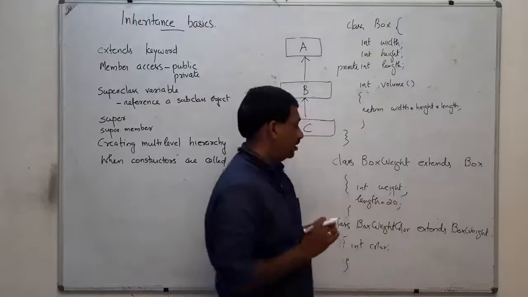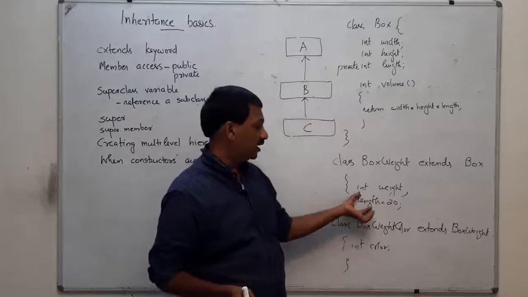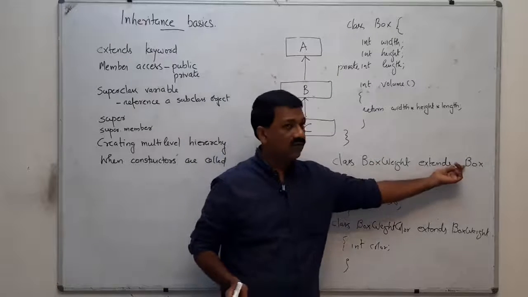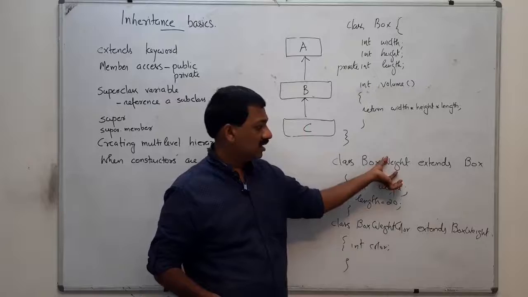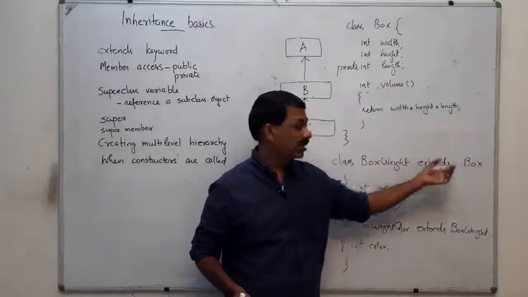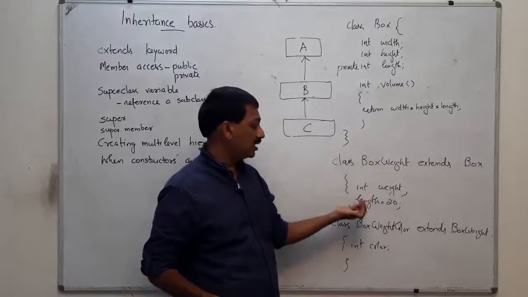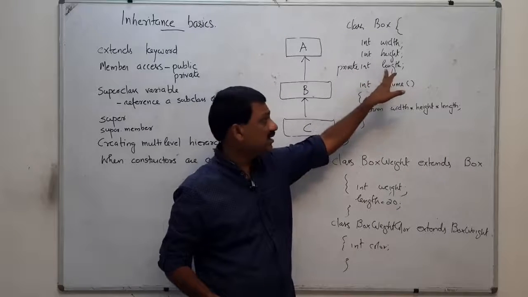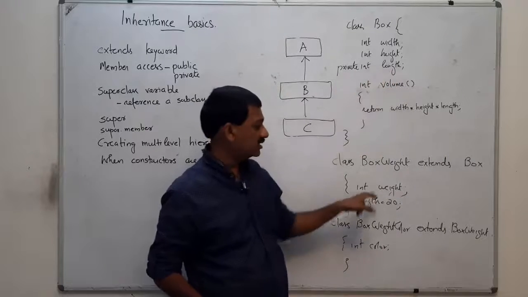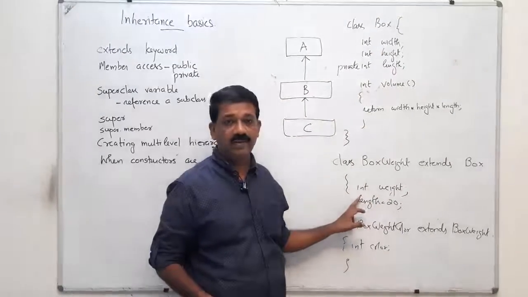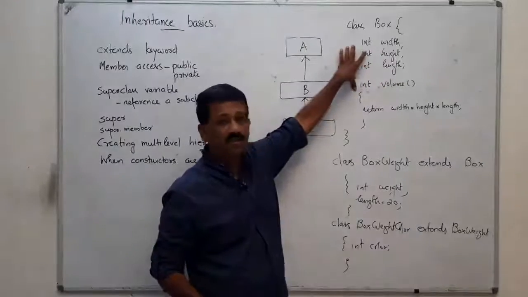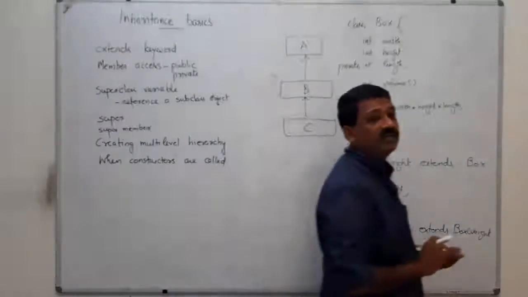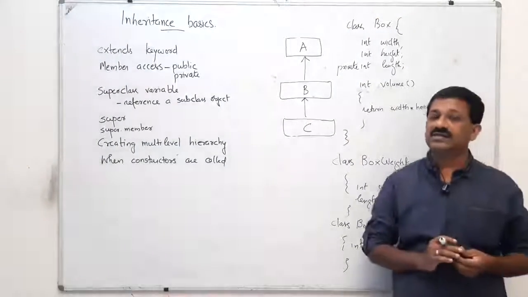What will happen? This is an unknown variable. BoxWeight is an extension of Box, so it is inheriting the properties of Box, but it is not inheriting its private variables. Private int length means length is not accessible from its subclass. Why? It's a private variable of the class Box. That means private variables are not inherited by the subclass.